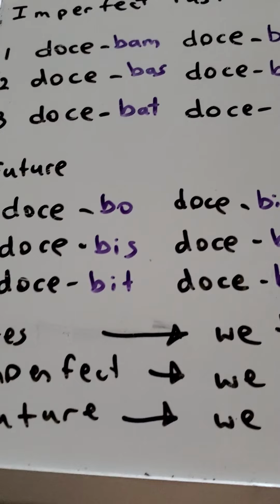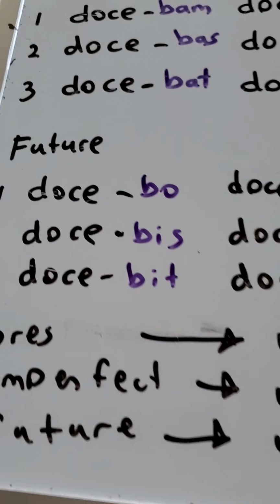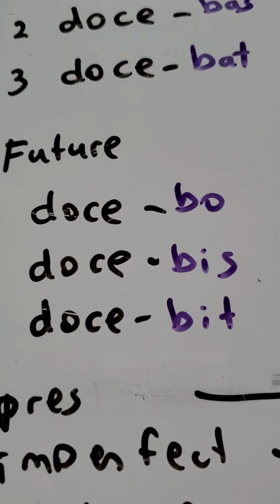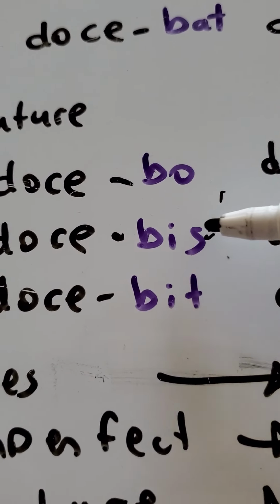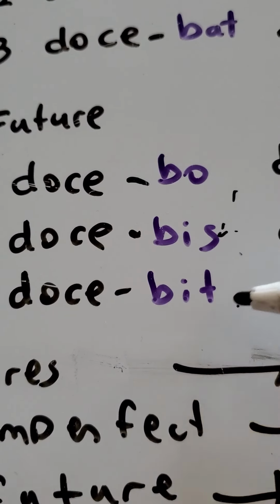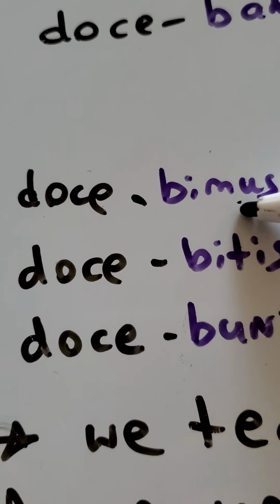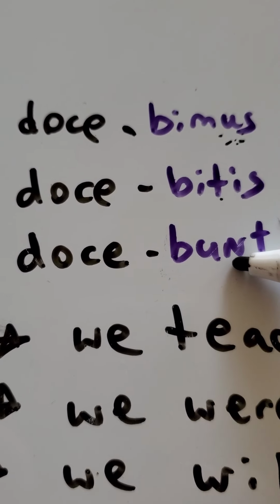And so just a refresher of how these tenses will be translated. Well, for the future tense, since it's our new tense, docebo means I will teach, you will teach, he, she, or it will teach, we, remember the mus's are always we, will teach, y'all will teach, and they will teach.